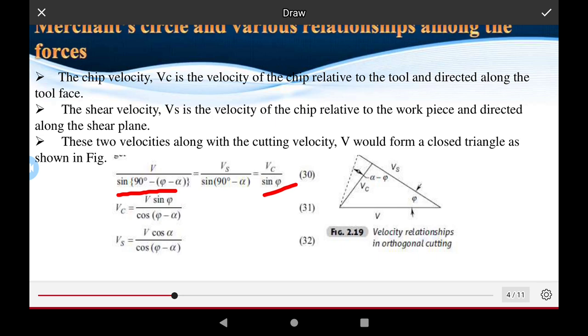Next, finding the value of Vs: taking the terms, Vs upon sine of 90 minus alpha, which is cos alpha, equals V upon cos of phi minus alpha. So Vs cos of phi minus alpha equals V cos alpha, giving Vs equal to V cos alpha upon cos of phi minus alpha.